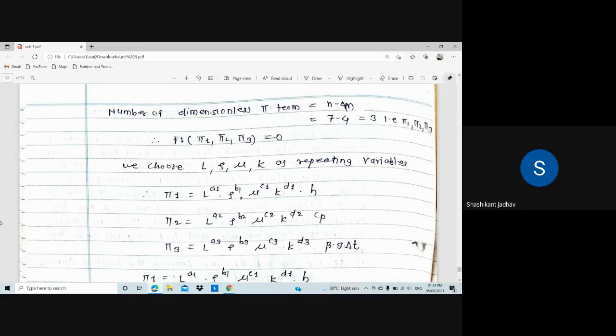So 7 minus 4 is equal to 3. That is, how many pi terms are there? 3 pi terms are there: pi 1, pi 2, pi 3. So what is our equation? F1 of pi 1, pi 2, pi 3 is equal to 0.